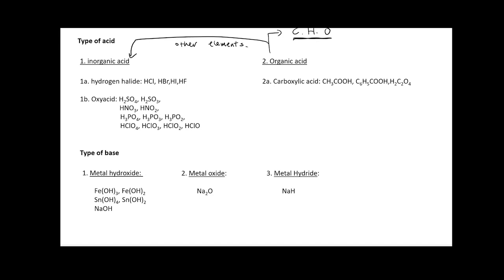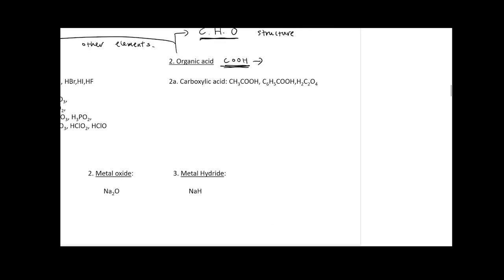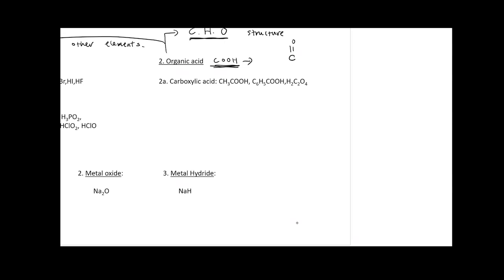One of the most commonly seen organic acids always has this functional group, COOH. When I say COOH, what I really mean is this COOH, typically attached to some alkyl chain represented by the R here.